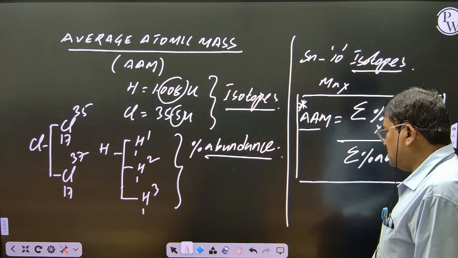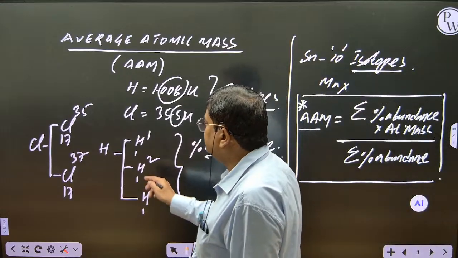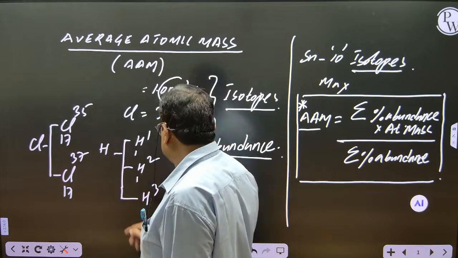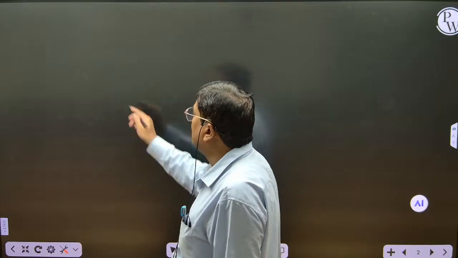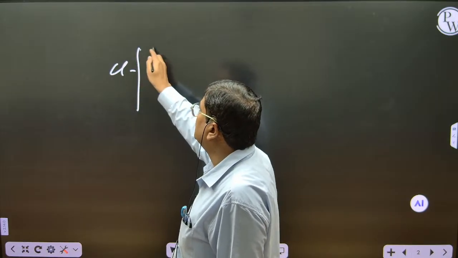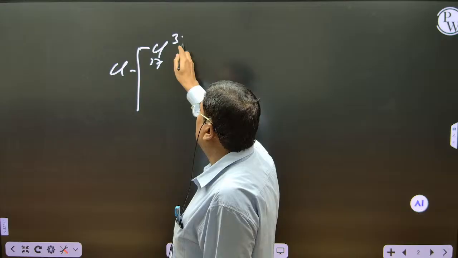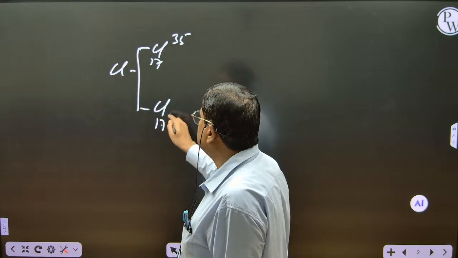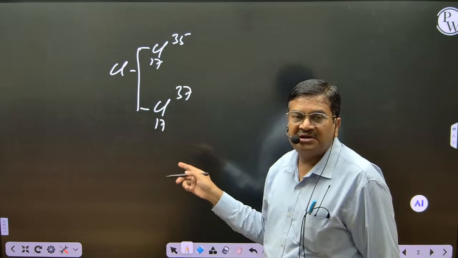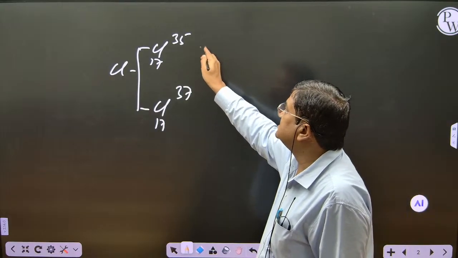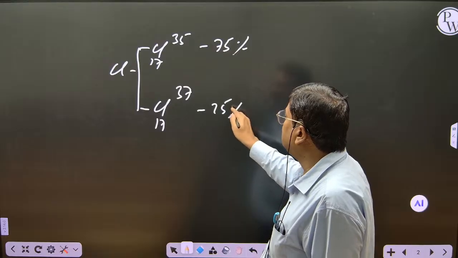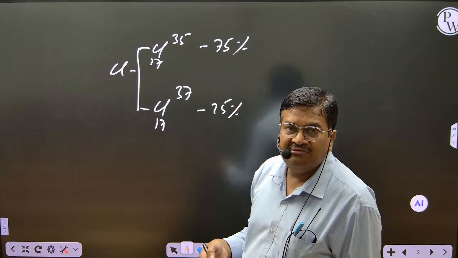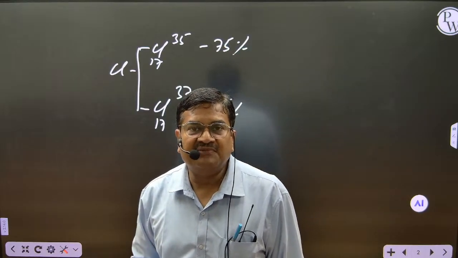Clear? And yesterday I gave one problem. Chlorine has two isotopes: chlorine-35 and chlorine-37. Yesterday I gave the abundance: the abundance of this is 75% and the abundance of this is 25%. So in the problem they will give the percentage abundance and atomic mass.